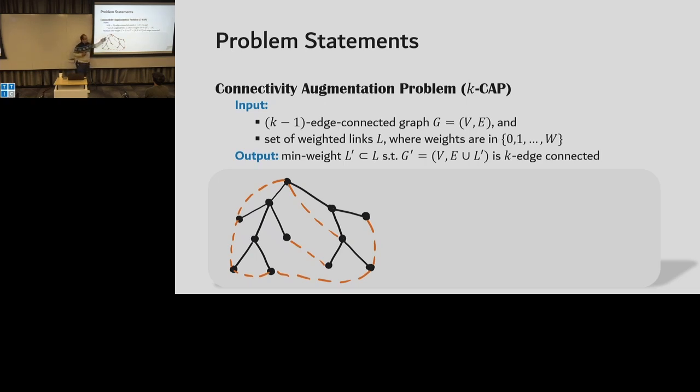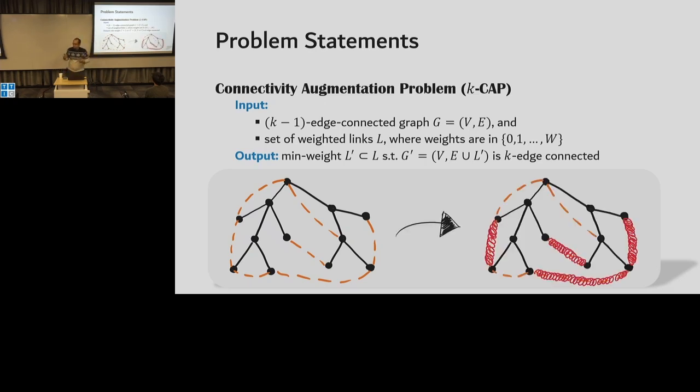This is a one connected graph, and we are receiving these options of links, the orange ones, and we want to pick a minimum number of them such that the resulting graph becomes two edge connected. Maybe this is one solution. If I pick the ones in red, then the resulting graph becomes two edge connected.